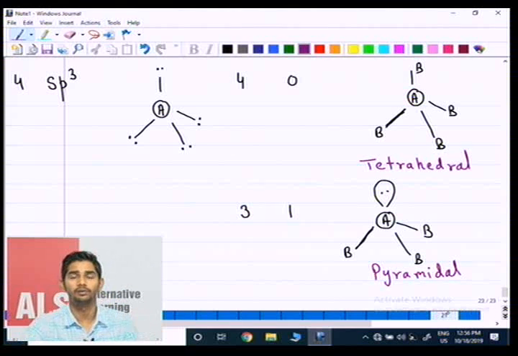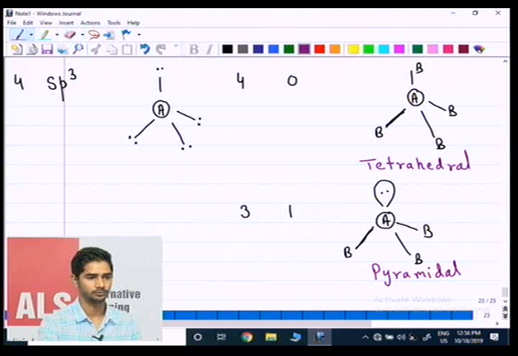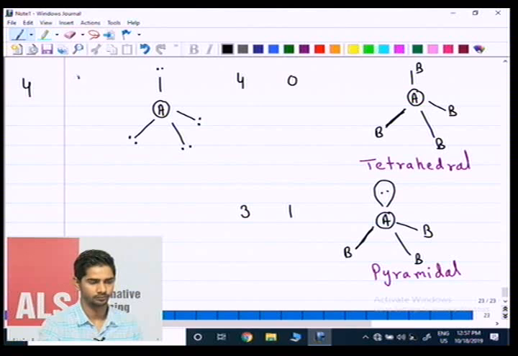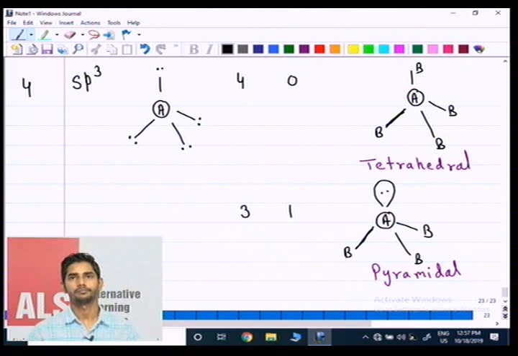Copy these 2 shapes first, after that I'll draw the next one in case n by 2 equal to 4. Copied.